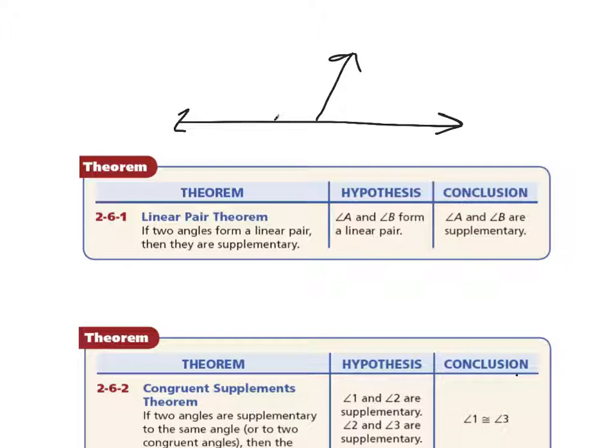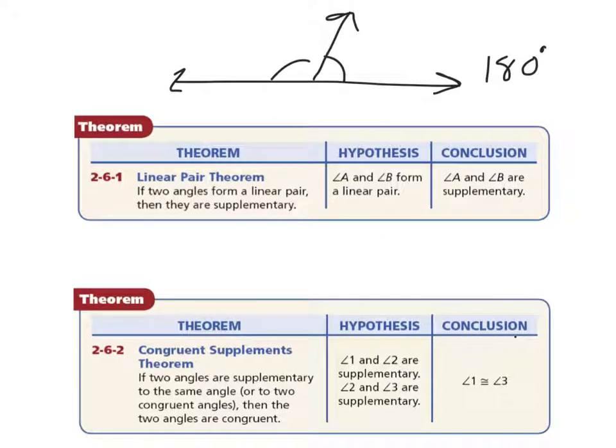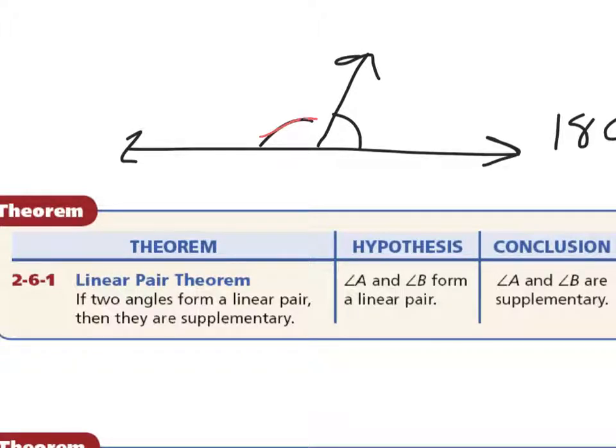So if they're both on a line, they equal 180. So if two angles form a linear pair, then they're supplementary. So you can add this angle plus this one and get 180 because they form a line.